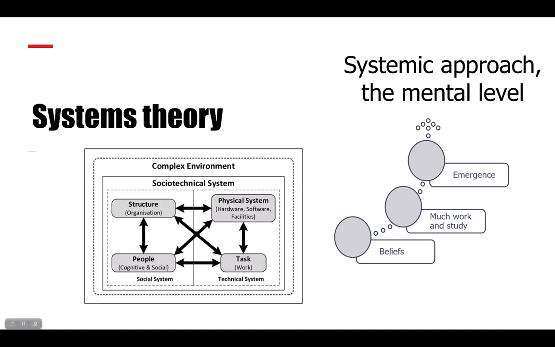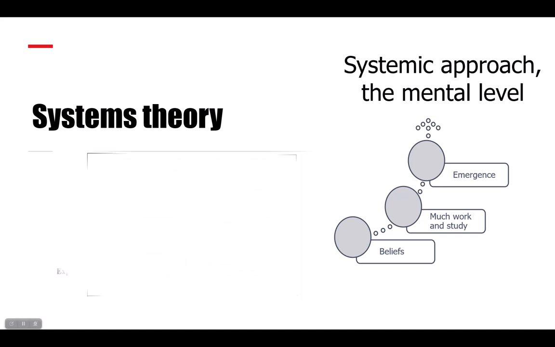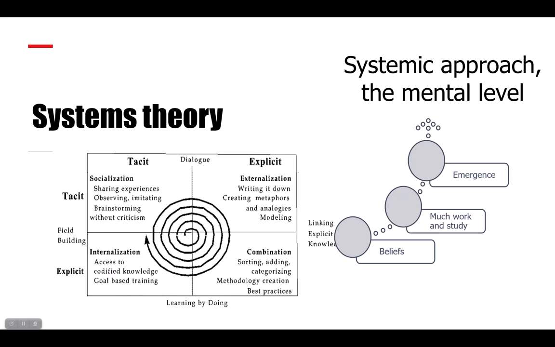One good example here is the socio-technical system. Its principle is for complex environments. And then there is a knowledge model, the Nonaka-Takeuchi model. It includes four different approaches: socialization, externalization, combination, and internalization.